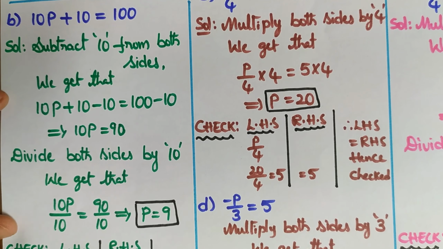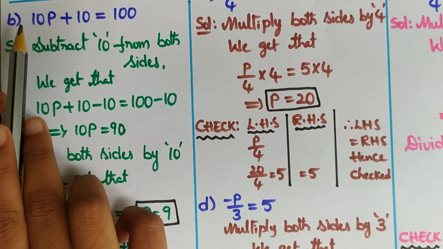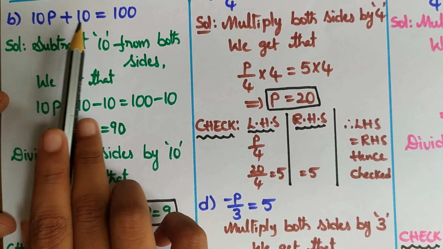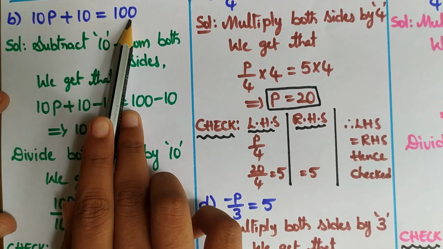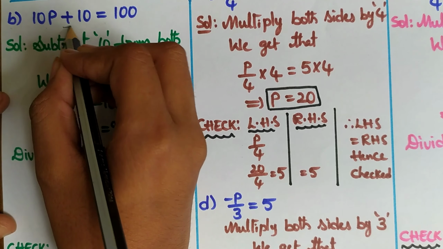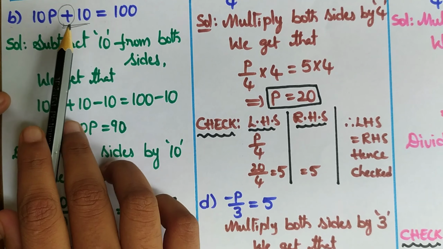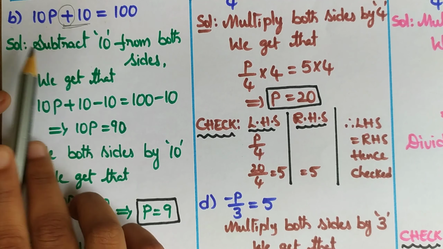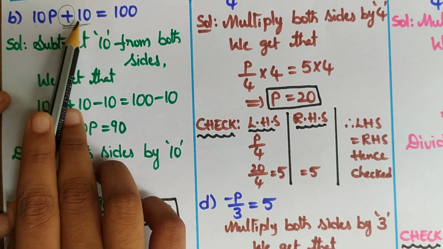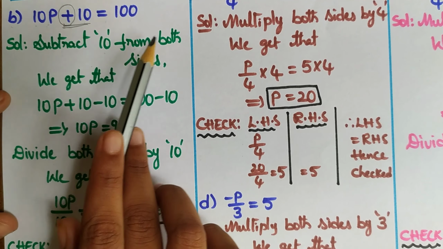Okay friends, now let us see B bit, that is 10p plus 10 is equal to 100. Now here it is plus 10, that means we have to do minus, subtract. So subtract 10 from both sides.